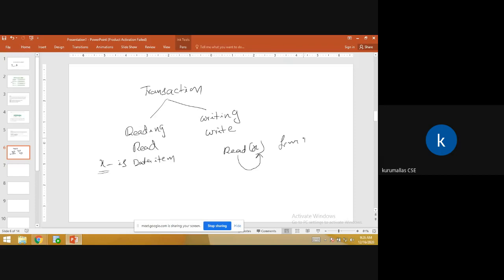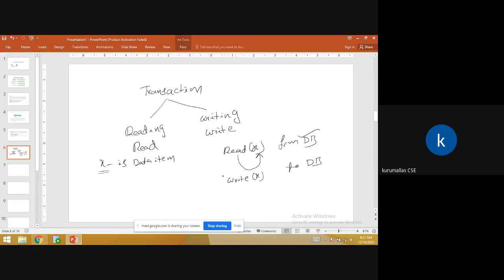Write of X performs the writing operation of data item X to the database.